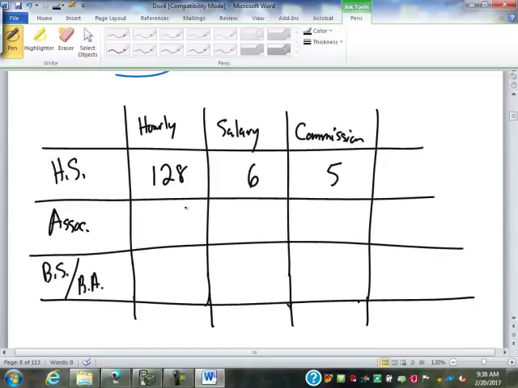With an associate degree, we have 42 that are working hourly, 8 that are working salary, and 6 on commission. And with a bachelor's degree or better, let's say we have 19 that are working hourly, 28 that are working salary, and 6 more that are working on commission.